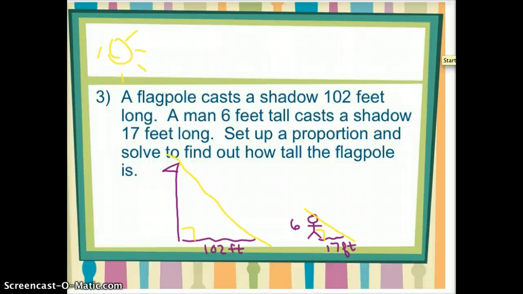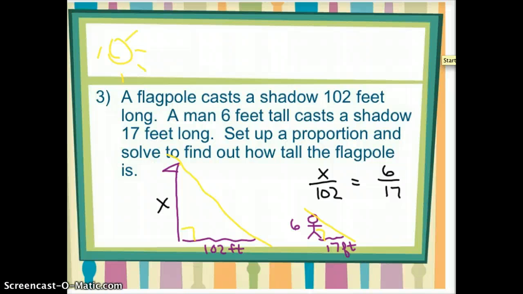So I'm going to call the flagpole, I don't know its height, so I'm going to call it x. We have lots of ways to do this, but I might say x over 102. So the flagpole height over the shadow equals the same thing as 6, the man height, over 17, which is the feet.